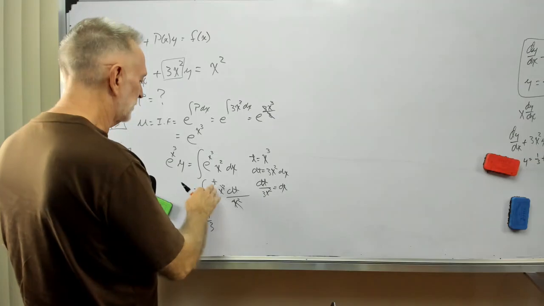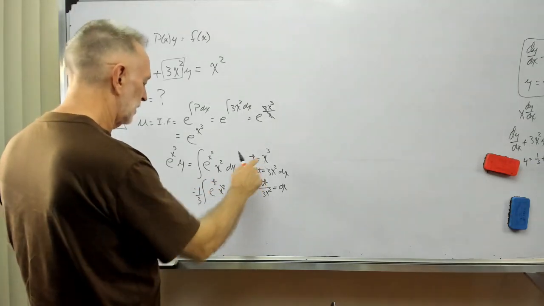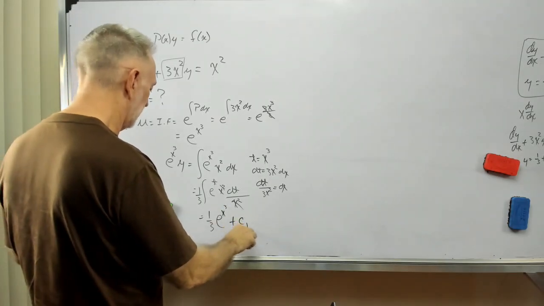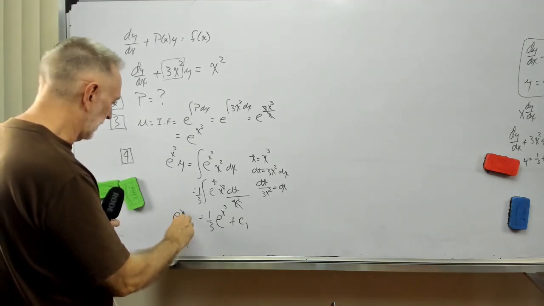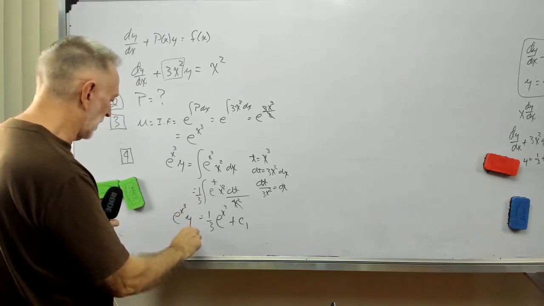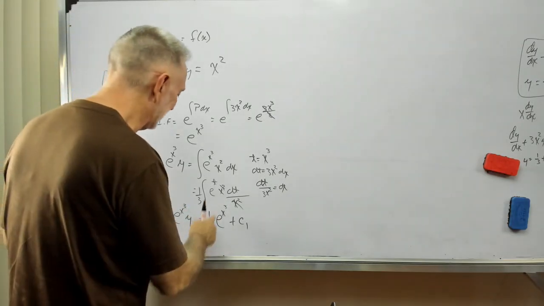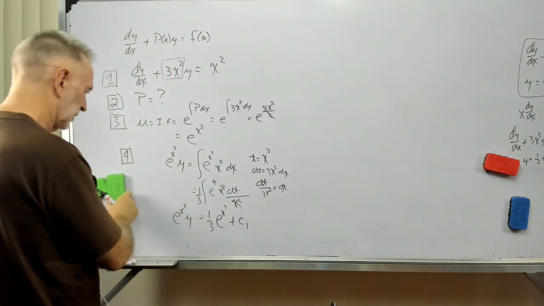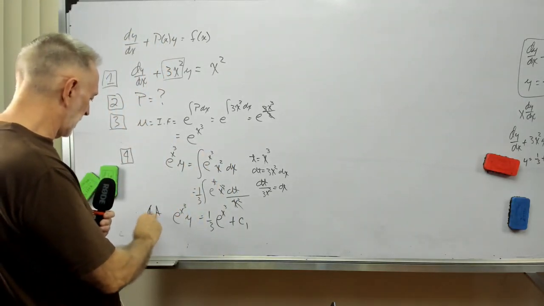The integral of e to the t dt is e to the t, so that's 1/3 e to the x cubed plus c1. So let me bring this down. That's e to the x cubed times y equals 1/3 e to the x cubed plus c1. We'll call that 4a here.